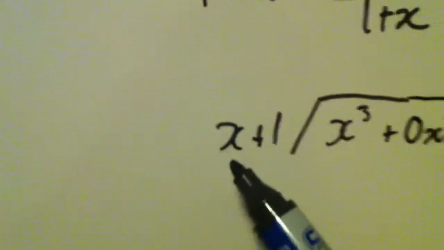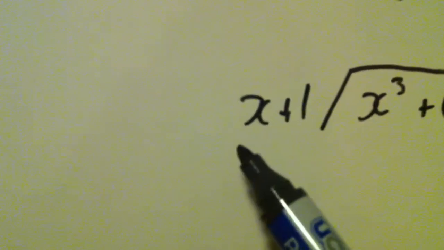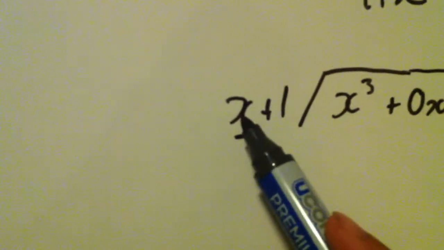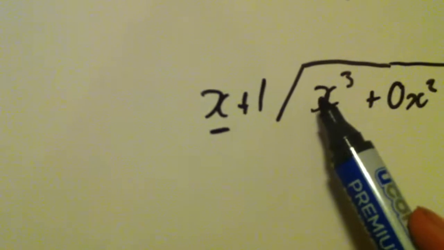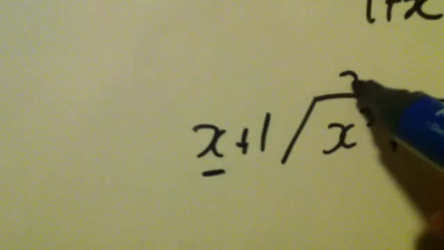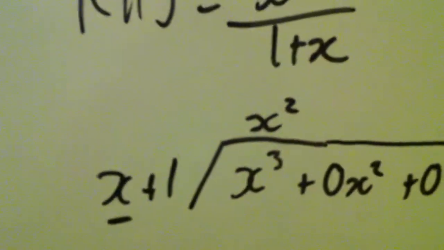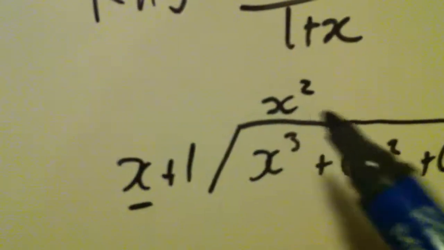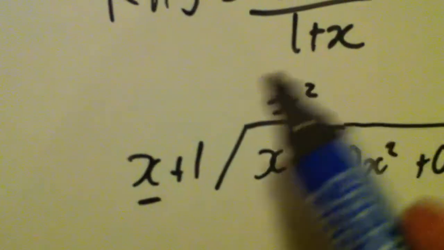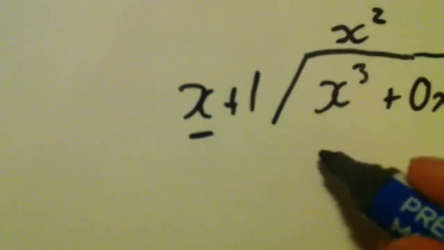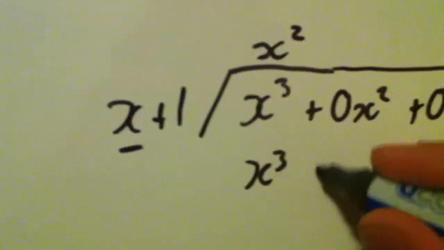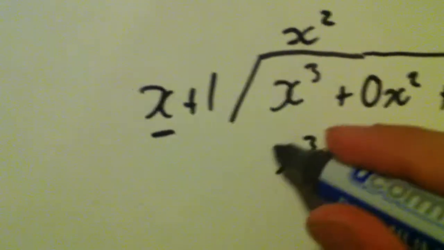So the first thing that we're going to do is we're going to look at our x, our first value. So what do I have to do to x to get x cubed? Well, obviously x times x squared gives x cubed. So we put x squared on the top. Now you times this out by all your values at the front. So x squared times x gives us x cubed, and x squared times 1 gives us x squared.